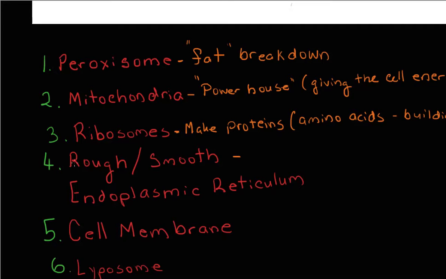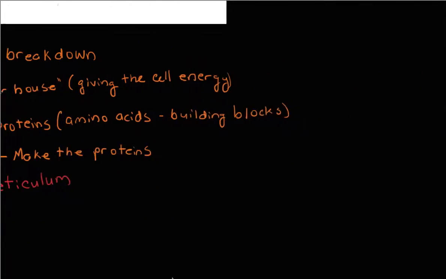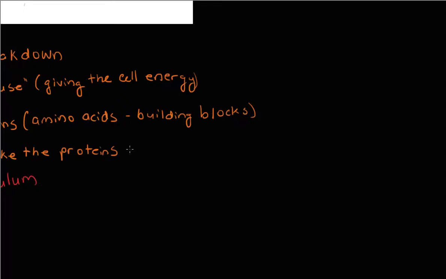So the rough endoplasmic reticulum's job is to make the proteins encompassed, or surrounded, in a vesicle.